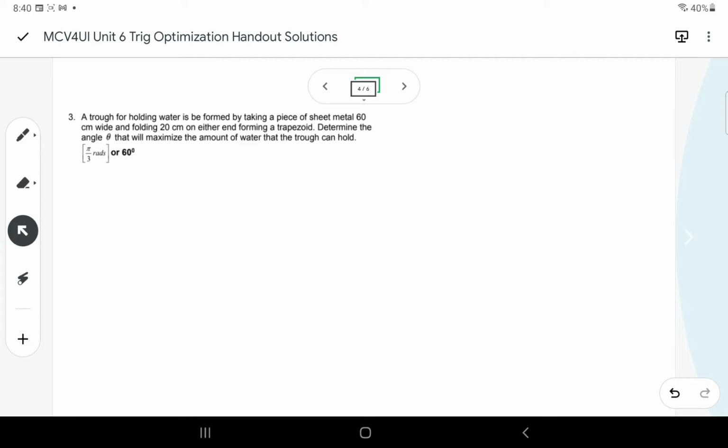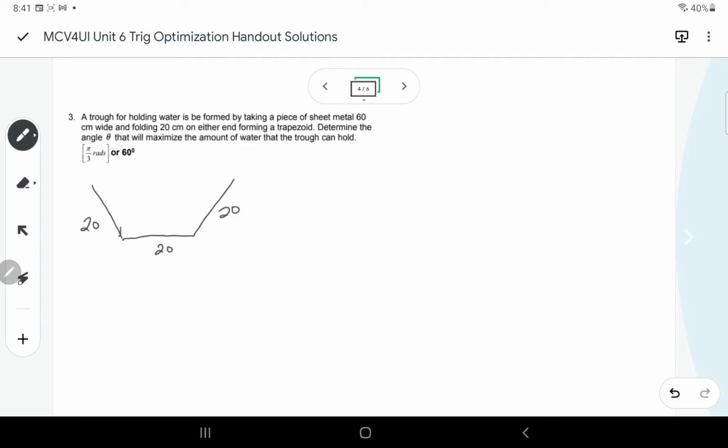Here we're looking for the actual angle. So I know I want to maximize the area of this trapezoid. So I have a piece of metal, whoops, wrong pen, a piece of metal 60 centimeters wide, and I want to basically maximize the area of the trapezoid if each of those are 20 centimeters.